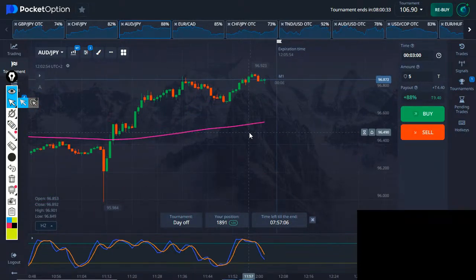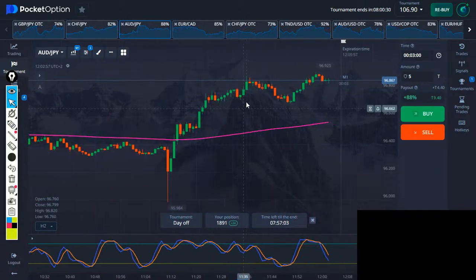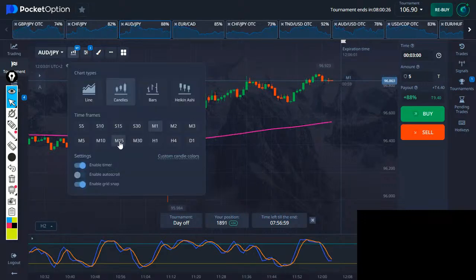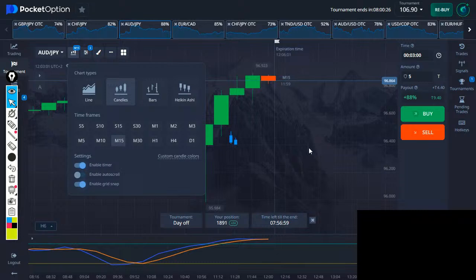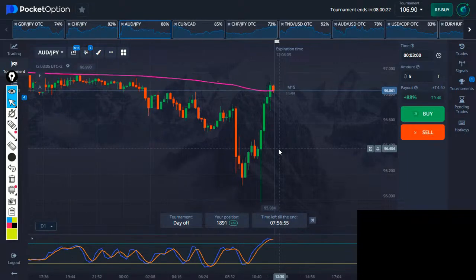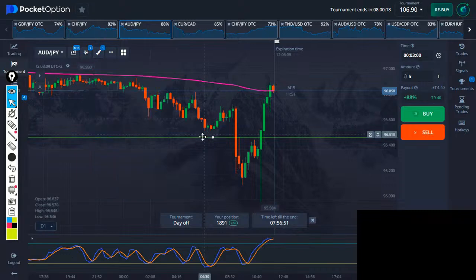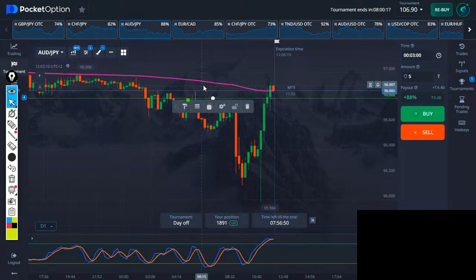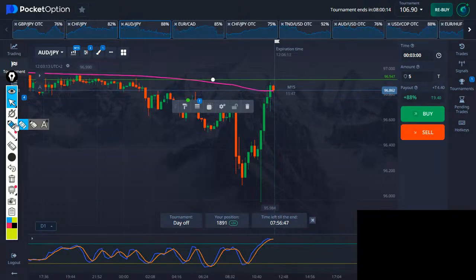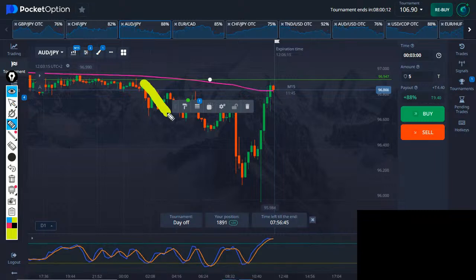Okay, so let's see. It's rejecting from the zone. Let me check the 15 minutes. See that we have a supply zone on the 15 minutes chart. We have a strong supply zone over here, which may have already made this strong, powerful move to the downside.